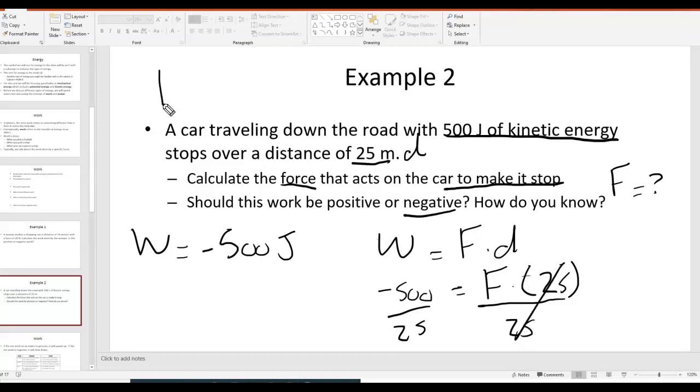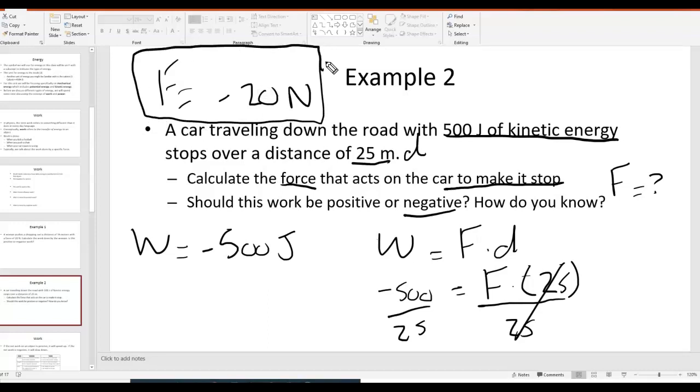And I find that the force is going to be negative 20 newtons. That is the answer to the question. Notice that the force is negative because it's a stopping force, and the work is also negative because energy is being removed from the car. So pause it there if you need to look at that.